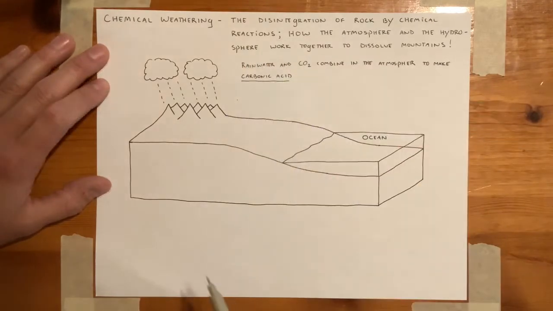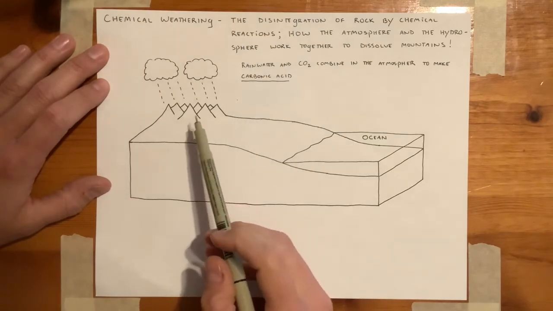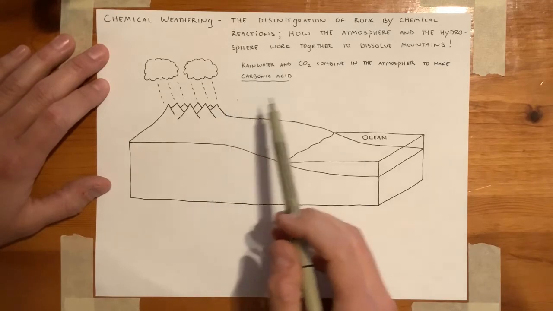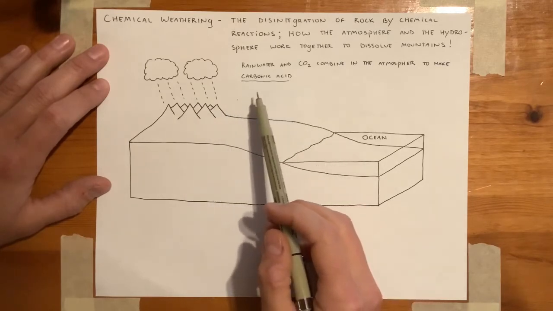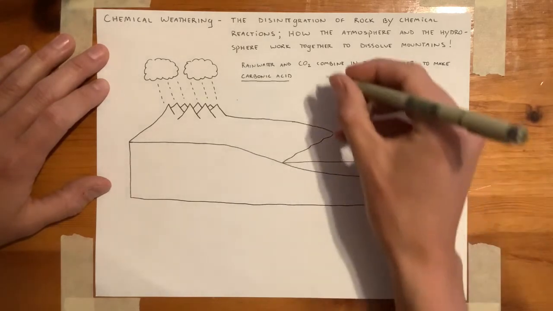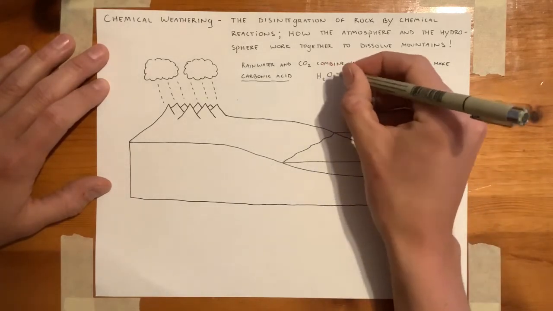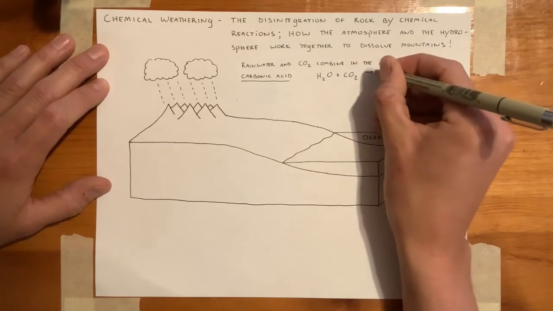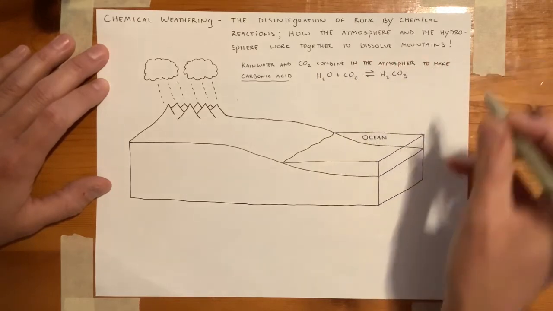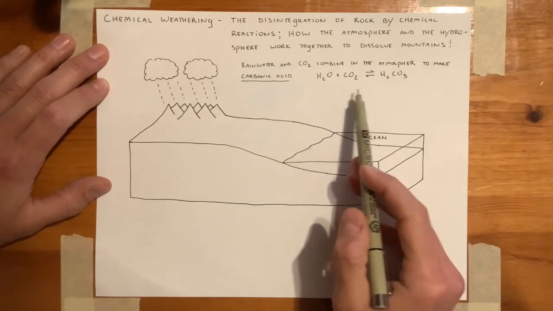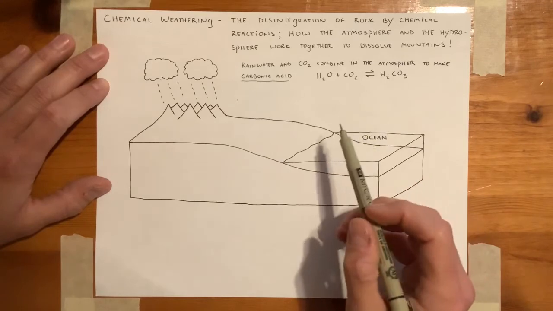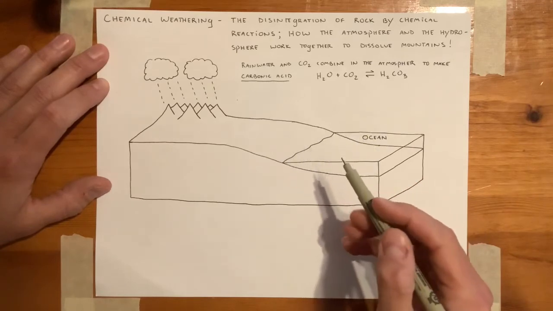So as rainwater falls through the atmosphere, it interacts with CO2 that's present in the atmosphere and combines to make a substance called carbonic acid. So that equation can be written like this. H2O plus CO2 makes carbonic acid. Now, carbonic acid is very good at dissolving rock.